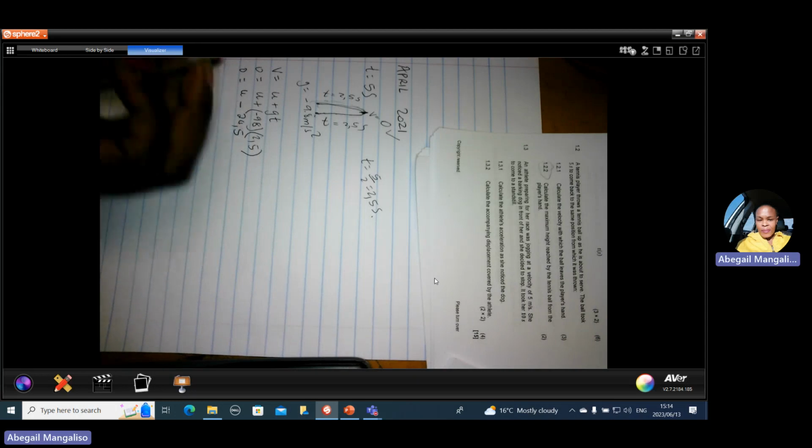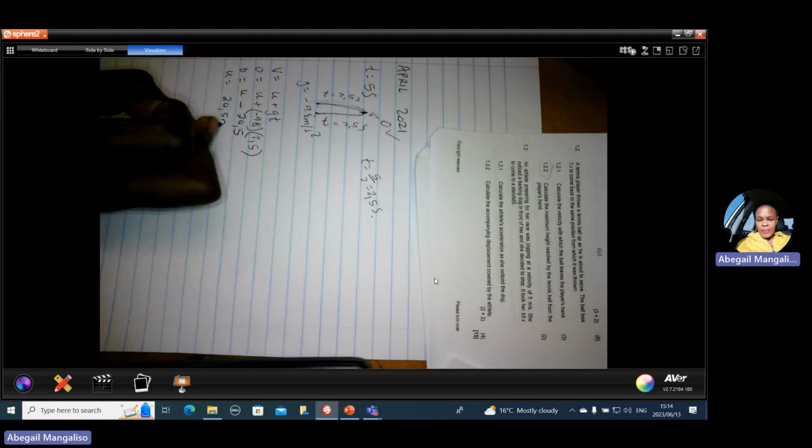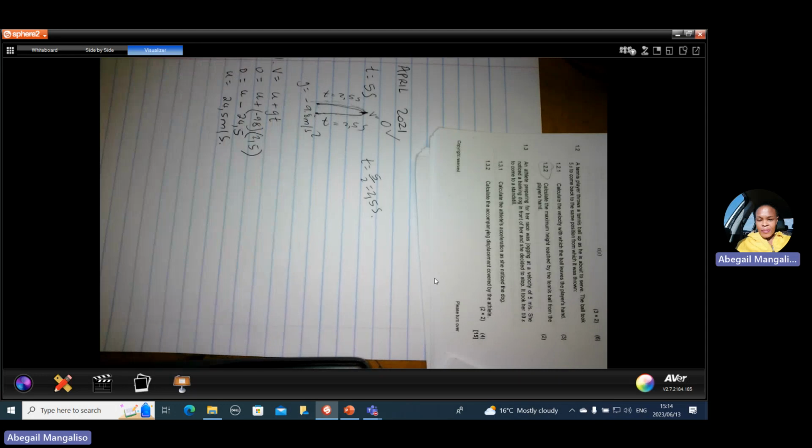When you take this term over, u will be equal to positive 24.5 meters per second. That is the initial velocity for question 1.2.1.